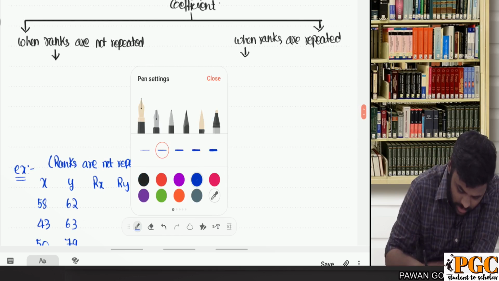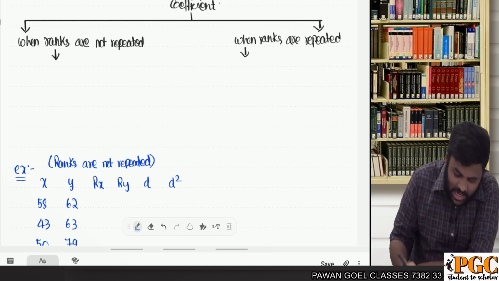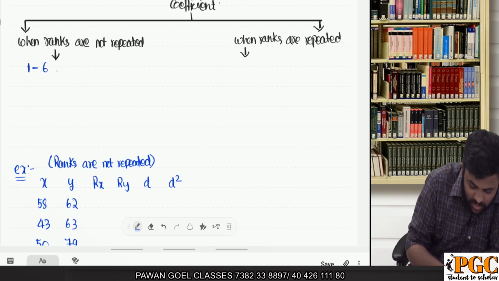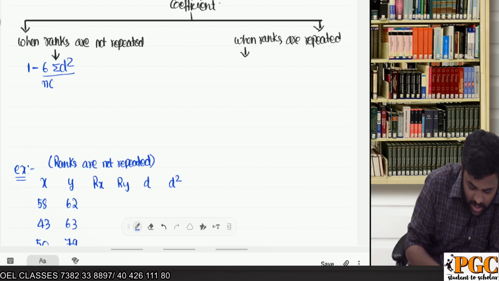Now, Spearman rank correlation coefficient. What are the formulas? When ranks are not repeated, the formula is 1 minus 6 into summation of d square divided by n into n square minus 1.